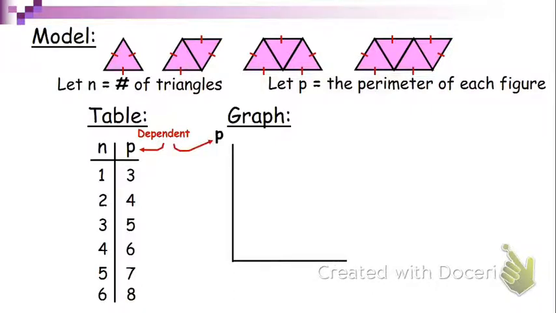Okay, we don't have any negative numbers, so we really only need the first quadrant. Our dependent variable ends up to be on the y-axis all the time, and independent is on the x-axis.